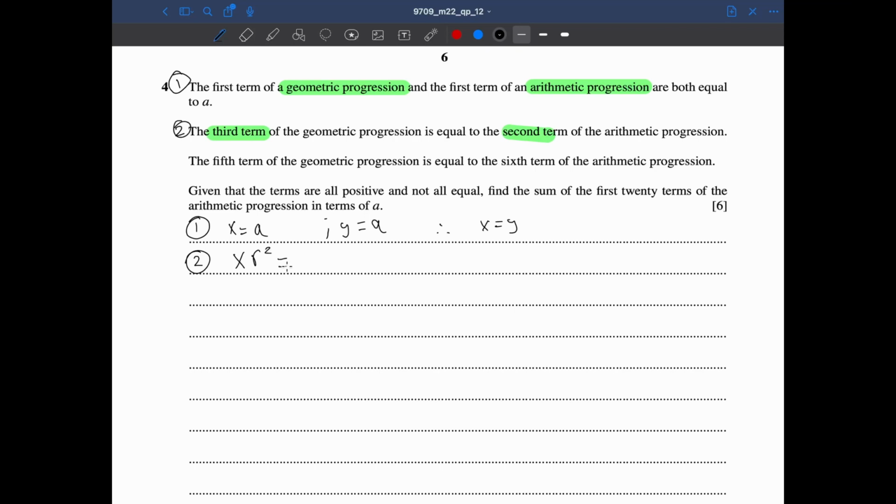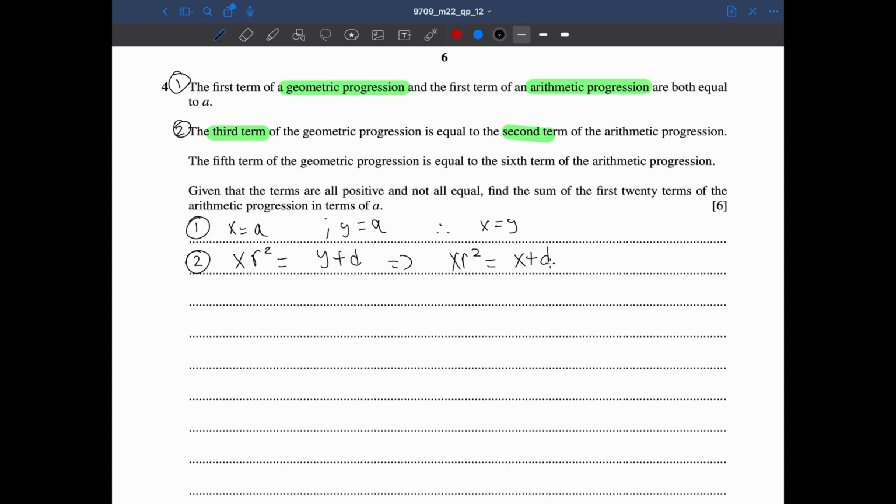And that's going to be equal to the second term of the arithmetic progression. So we're basically taking the first term and then adding some constant. So let's say it's y plus d. But we know that x equals y, so let's just narrow it down, and let's say xr squared equals x plus d. That will be way simpler.